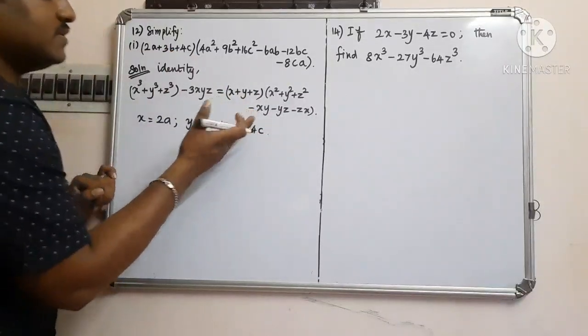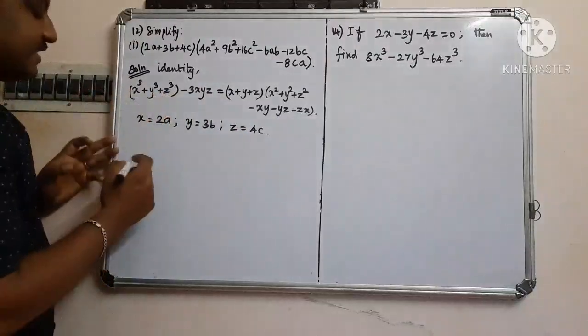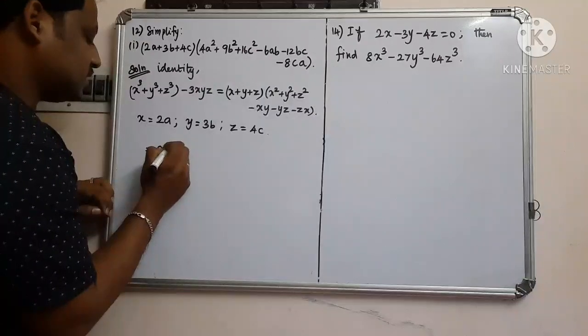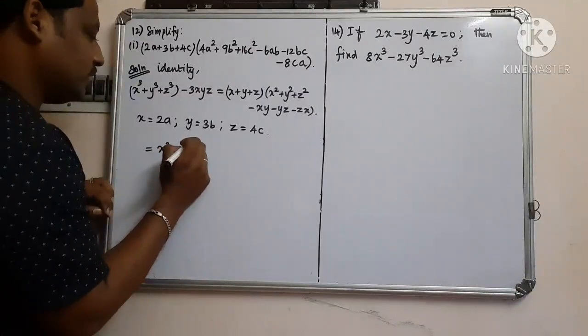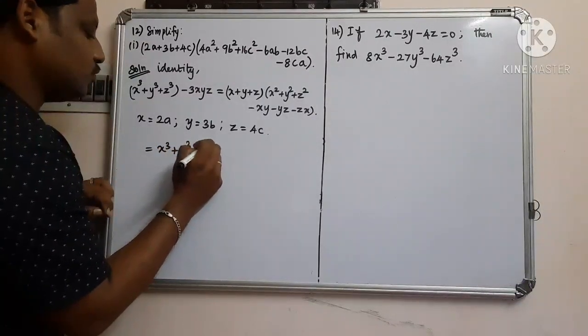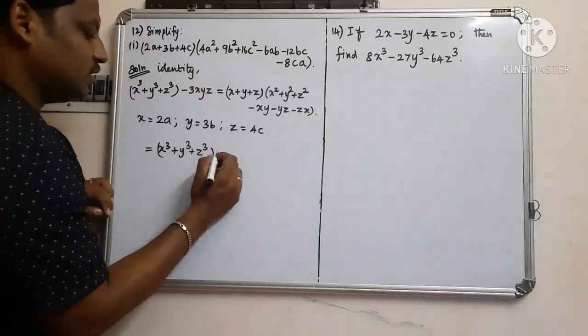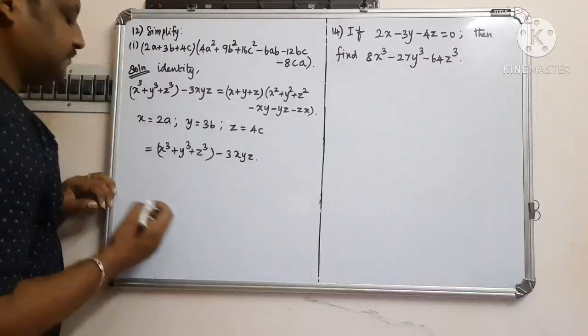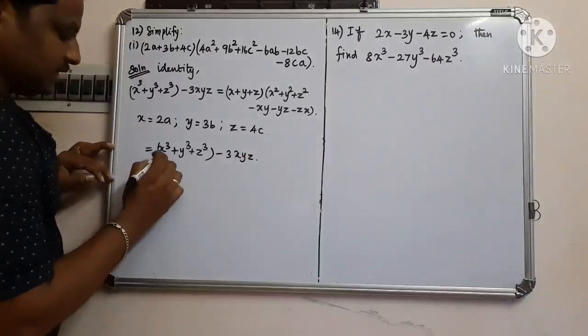So now substitute these values in the right hand side, x cube plus y cube plus z cube minus 3xyz. What is the value of x cube?